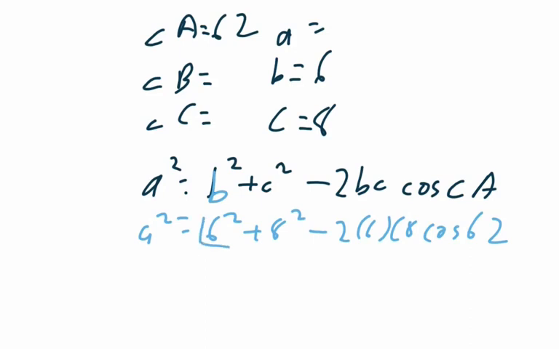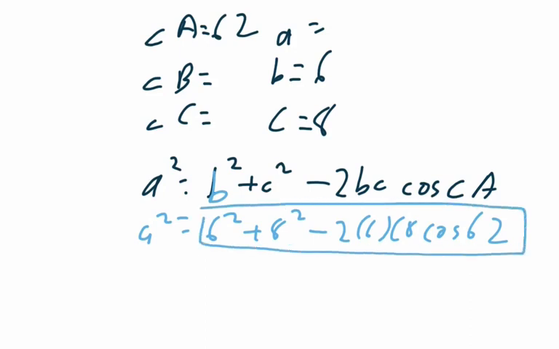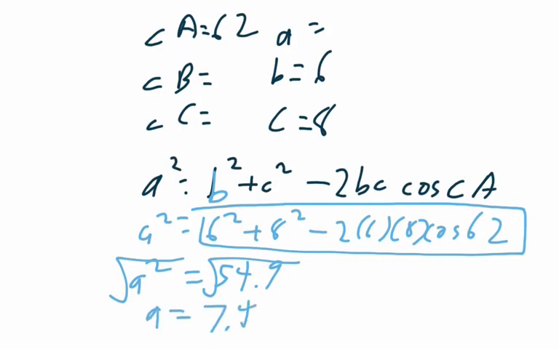So the nice thing about all of this is that I can nice and easily fit this into my calculator. So a squared turns out to equal 54.9. And when I square root, I wind up with a equals 7.4.